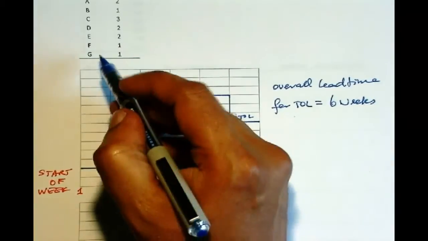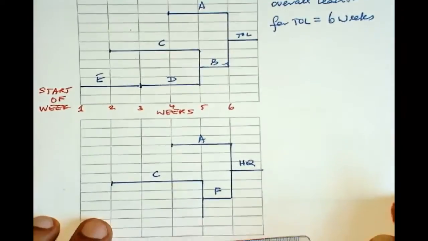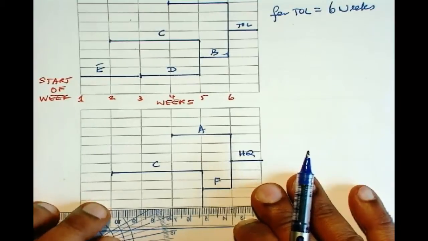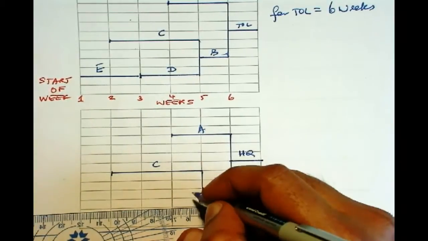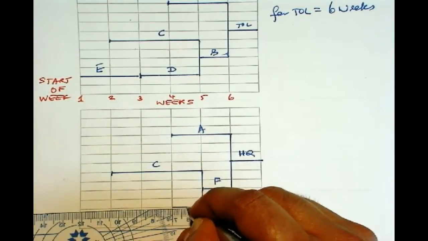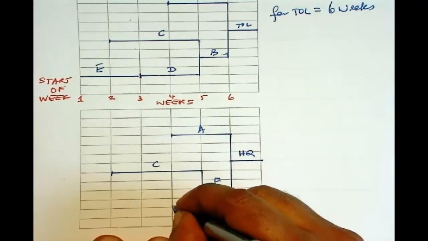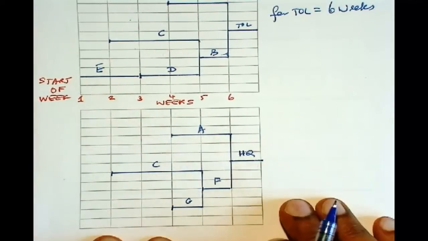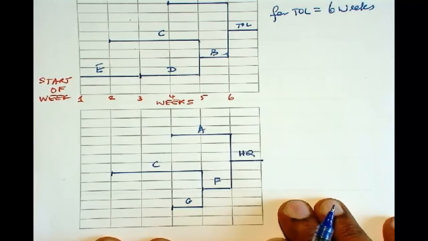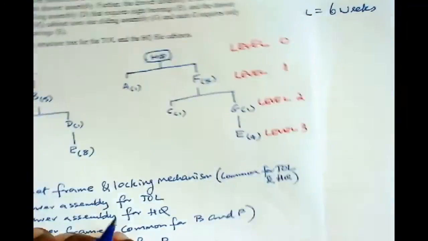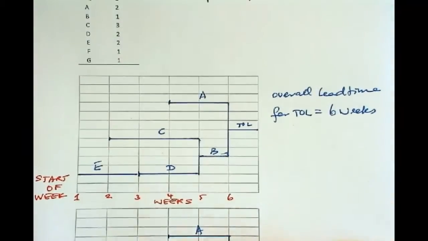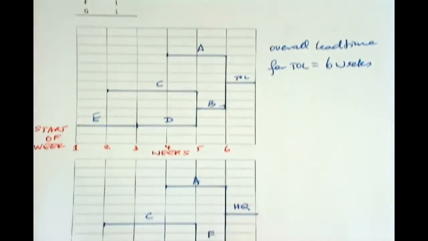And G lead time is 1 week. And below G is E, and E is 2 weeks. Okay.